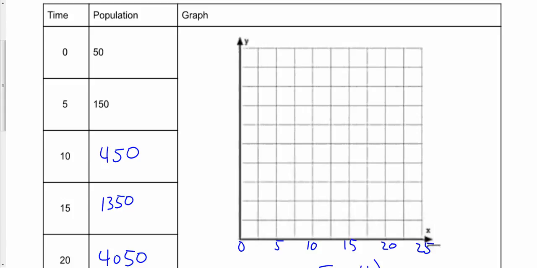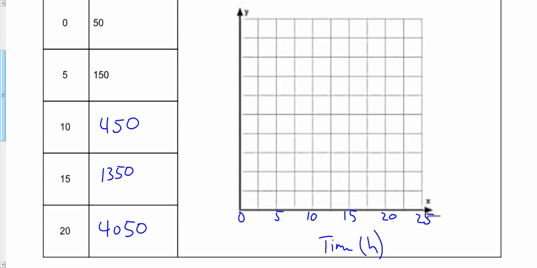So if I go up by a factor of, say, 500, this will be my 1,000 mark, my 2,000 mark, my 3,000 mark, my 4,000 mark, and my 5,000 mark.